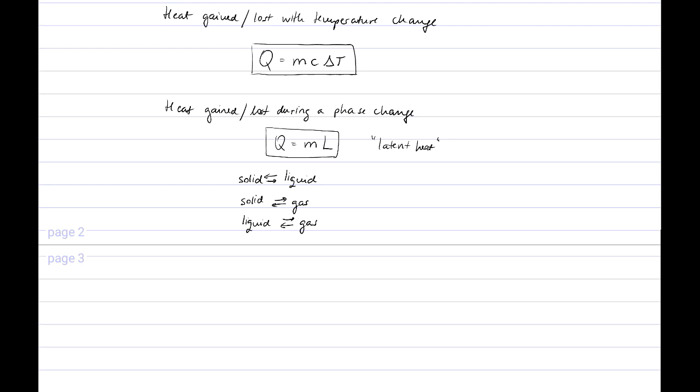So in all of these different cases, there are different values for the latent heat. So L is going to be different for different substances during these different processes. If we have latent heat of vaporization or condensation or fusion or sublimation, those will all have different values.